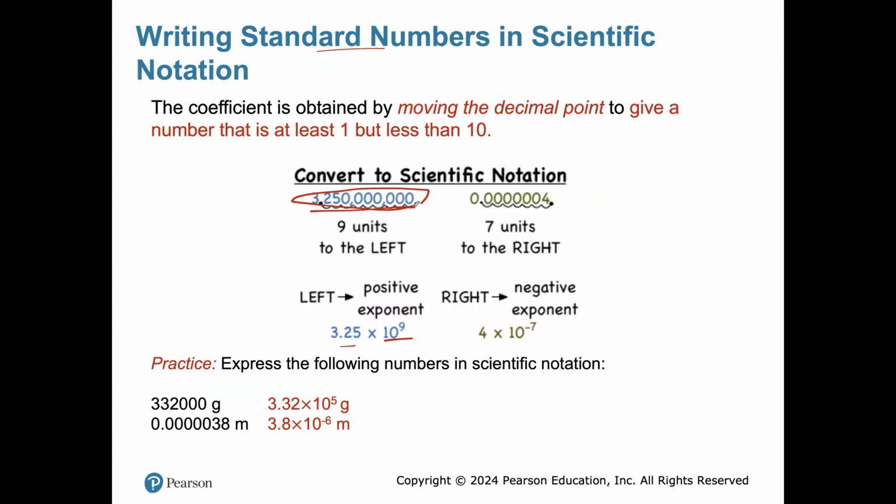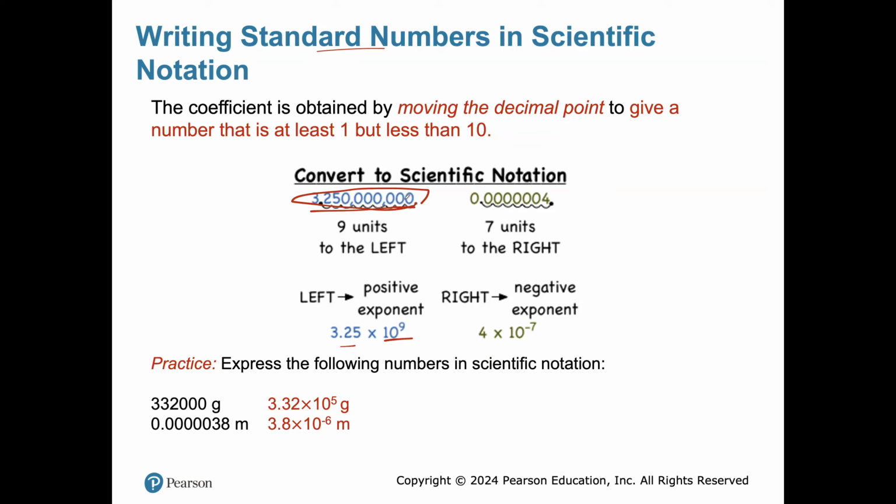To convert this to scientific notation, we first find the decimal. This is a large number, and the decimal is right after the last 0. Now we move the decimal to the point where it gives us a number that's at least 1 but less than 10.